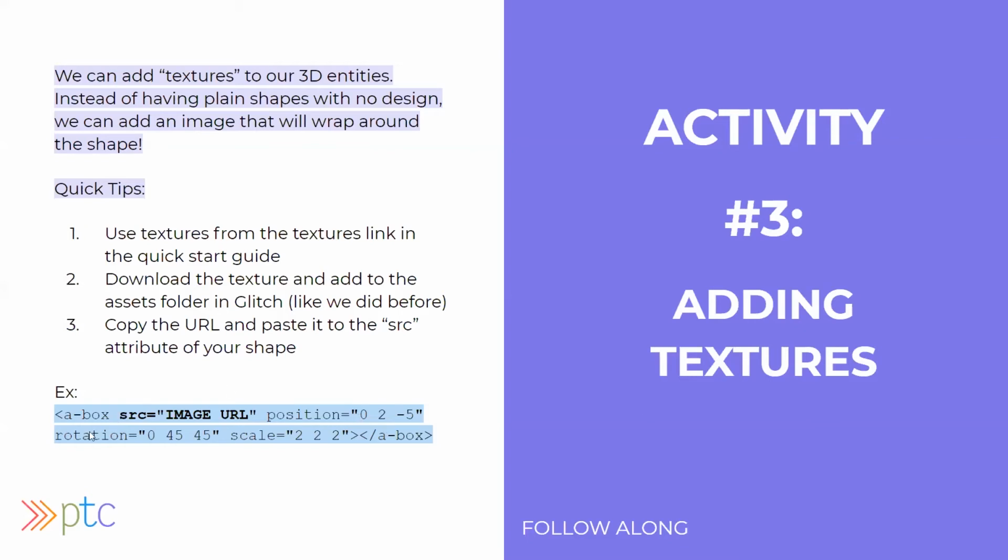So it sort of looks like this with whichever entity that you're using. For example, if I want to add an image to my box, I'll add the source, and then add the image URL right between the source quotes.